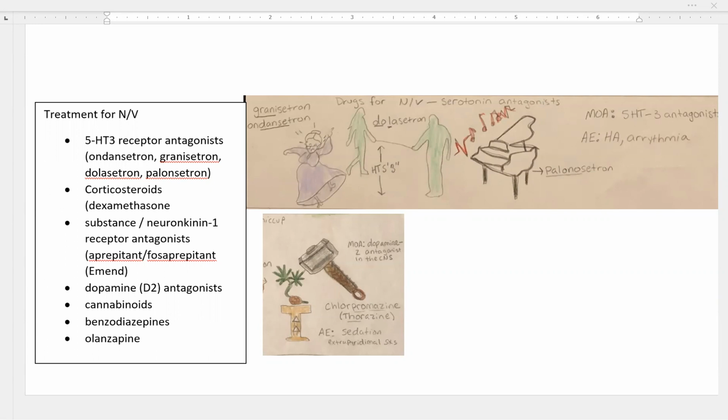You can use SSRIs, which is my original picture here. You can use SSRIs such as Prozac. In this picture, we have a potato sac for Prozac. Up here is a loft with some zoo animals, so it's Zoloft.